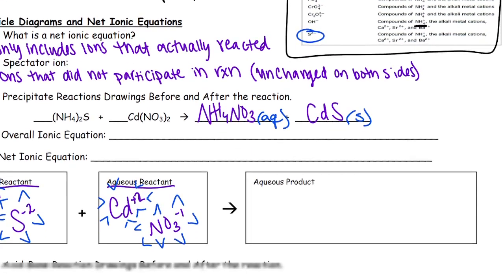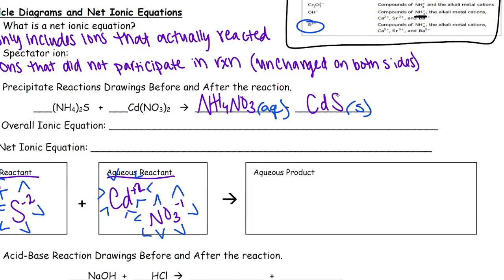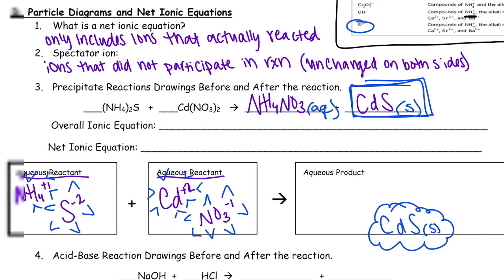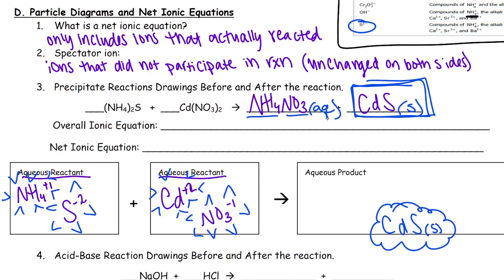So then that means in terms of your product, this is a new thing that is formed. My CdS is going to be a solid product that precipitates out of the solution. But because my NH4NO3, my ammonium nitrate, is still aqueous, that means it's going to be dissolved in water just like it was before.